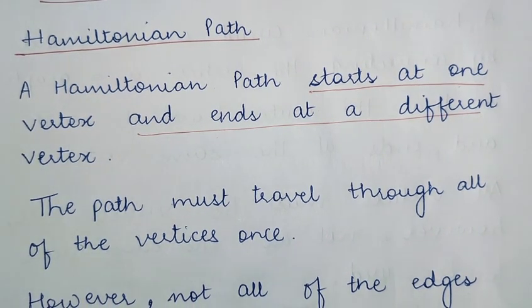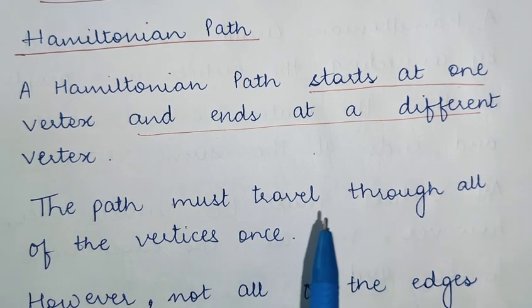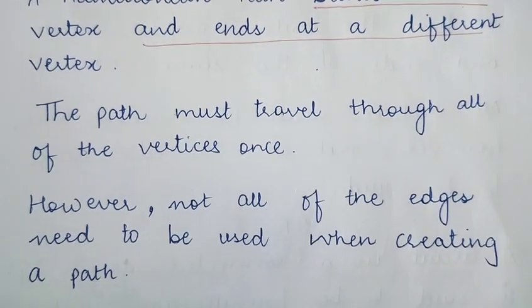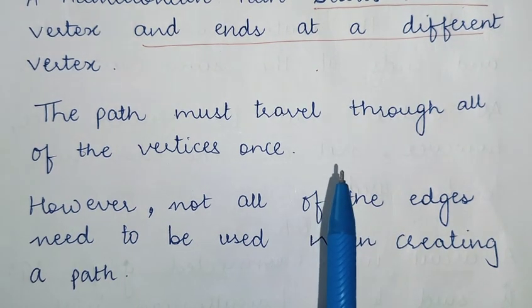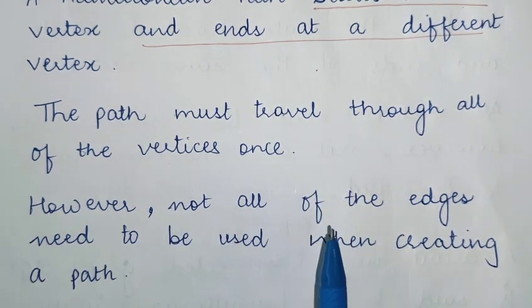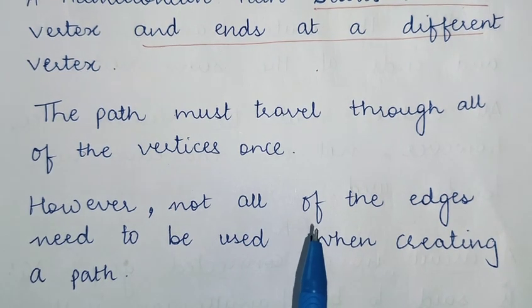So the three important points: first, the starting and ending vertex must be different. Then the path or the walk must visit all the vertices of the graph, and no vertex must be visited more than once. And the third point, this compulsion is not for the edges. You do not need to visit all the edges of the graph.